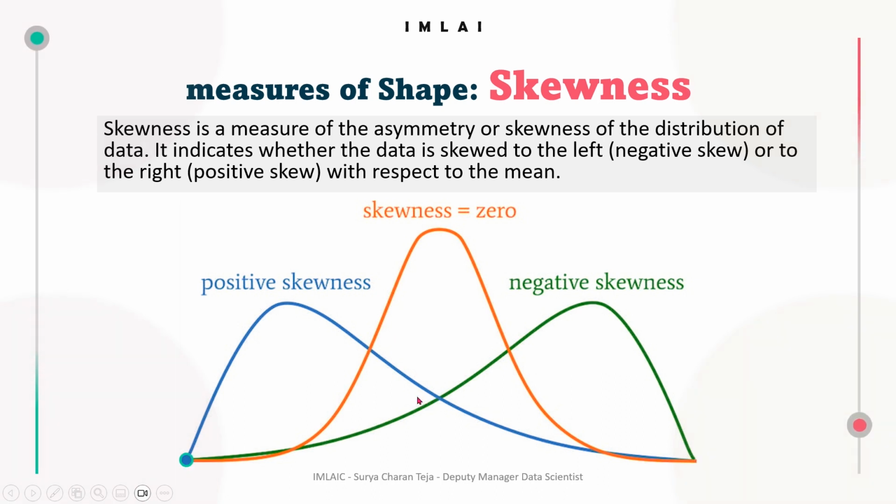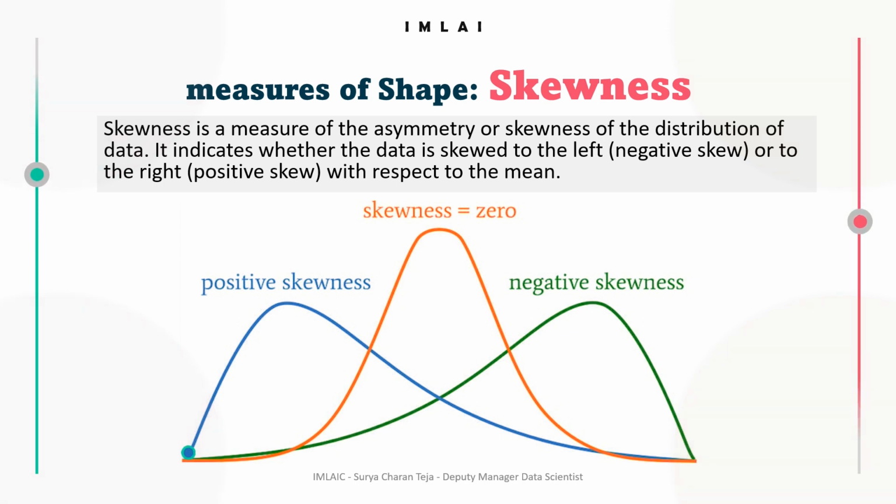The tail of the distribution is stretched towards the right, and the majority of the data is concentrated towards the left of the distribution.